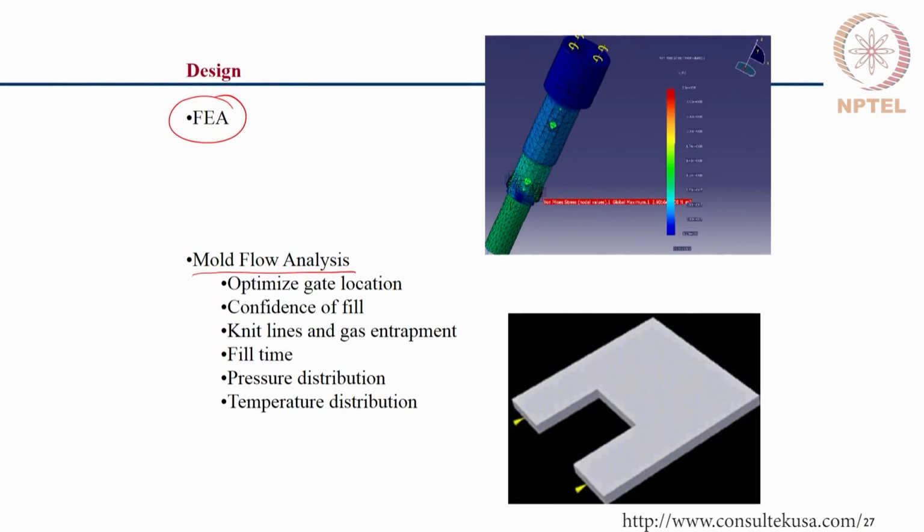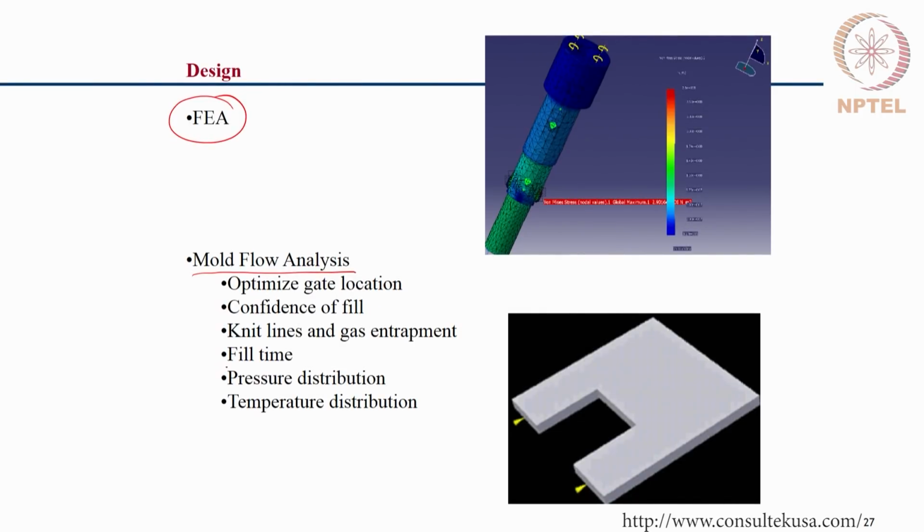All these can be studied numerically by computer simulation models. So, finite element analysis, structural analysis can be done to understand the load versus deflection behavior of the designed part, and one can change the design based on that. And for the designed component, one can then do a mold flow analysis to understand the process variables and their effect on the quality of the final component.